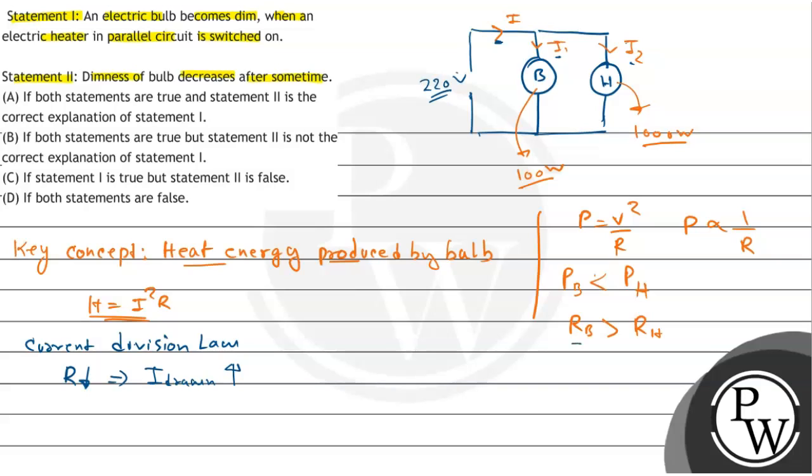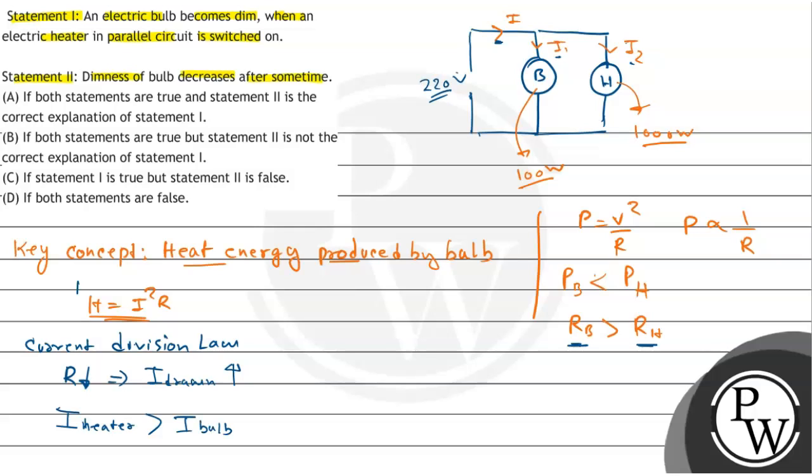So as we know that resistance of the bulb is greater than the resistance of the heater, so you can say that current drawn in the heater is greater than the current drawn in the bulb.